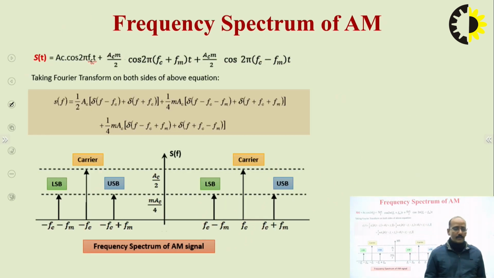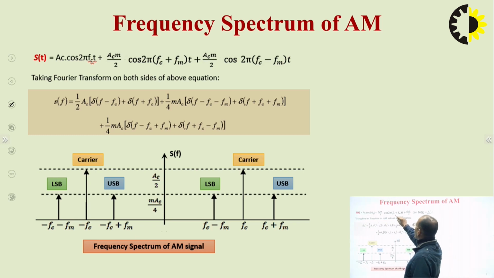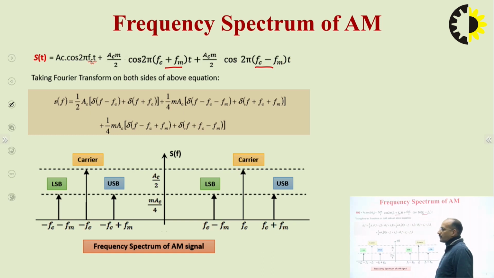Now, as far as the frequency spectrum of the AM is concerned, here you can see this is the AC cos 2 pi FCT part, this is FC plus FM, and this is FC minus FM. When we plot this by taking the Fourier transform of this equation, we get this result, and this Fourier transform tells us the frequency spectrum of the AM signal, means double sideband full carrier signal.